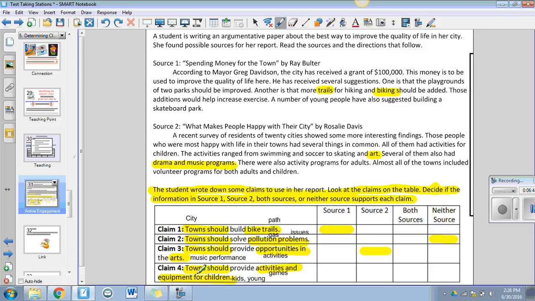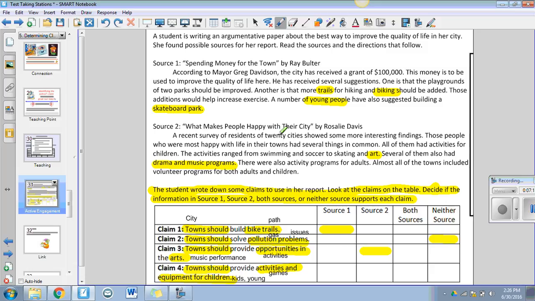I'm now going to look in claim 4 for their important words. Here I see games, activities, children, kids, and young. So now I'm going to go up to source 1 looking for any of those words. Here I see young people, skateboard park, so I know that represents children or the activities.